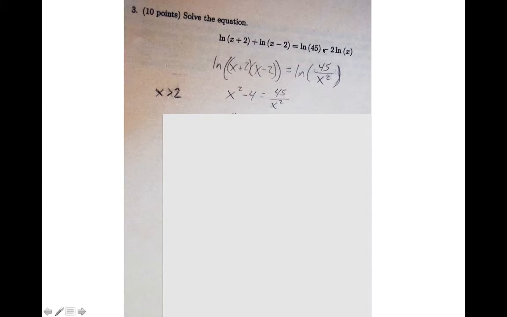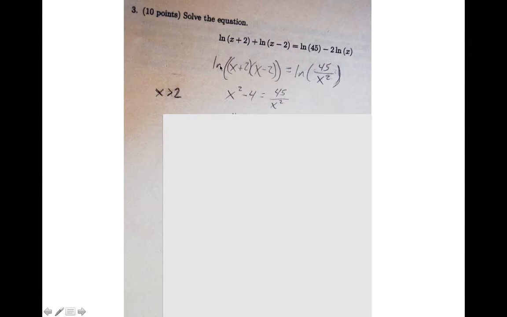And likewise, since I have this subtraction here, these can get divided. The one step that I did before that is I used the power rule that says if you have something multiplied to a log, that's the same as it being an exponent inside the log. So that's why you see the x squared here in the denominator, because it's subtracted.